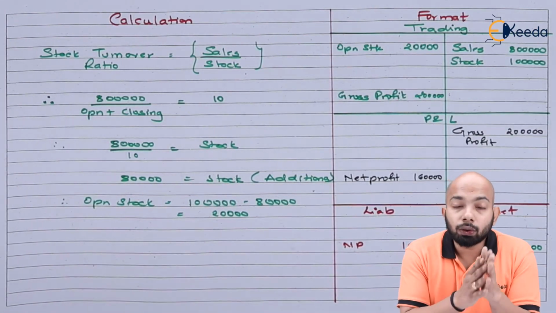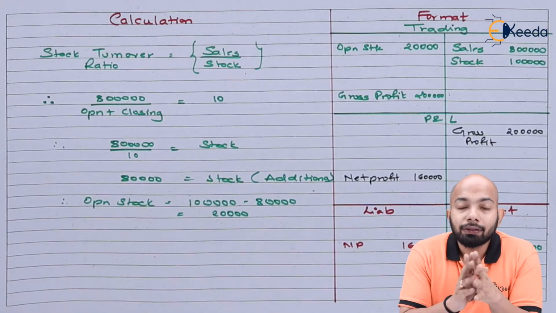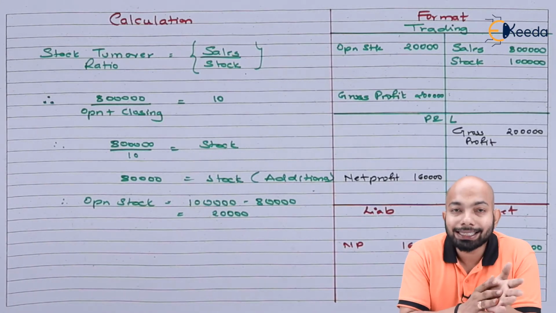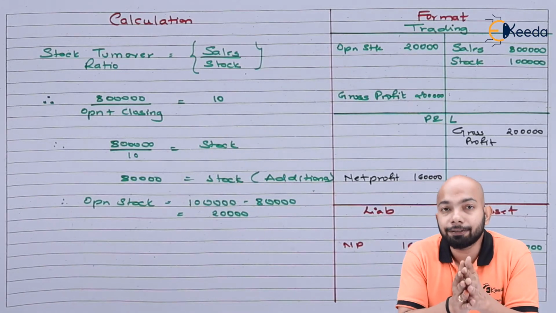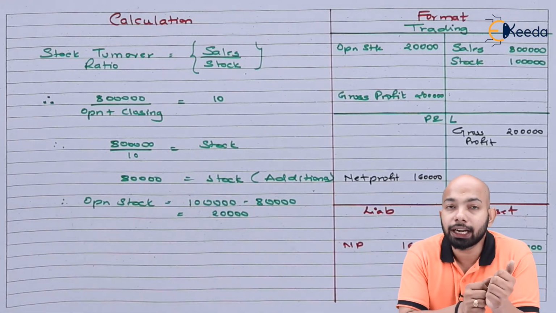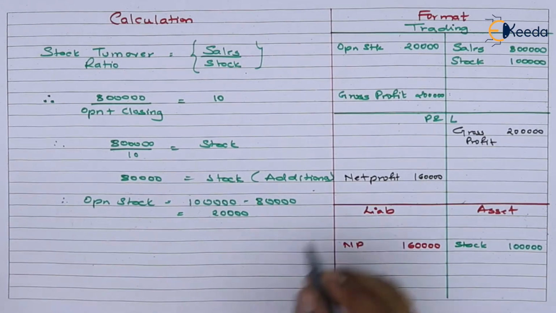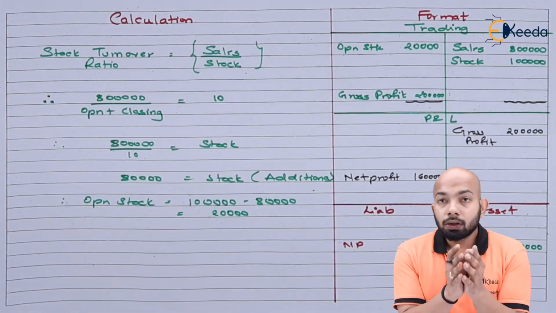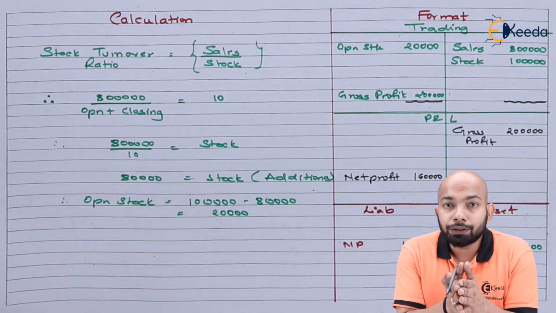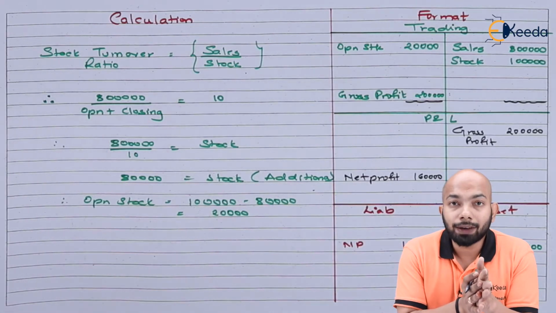So now that with all the ratios being utilized, we only have to start balancing the trading account, profit and loss account, and figure out what are the balancing figures here. So let's start with the trading account now. So if you can see, the credit side of trading account shows us a total of 9 lakh.